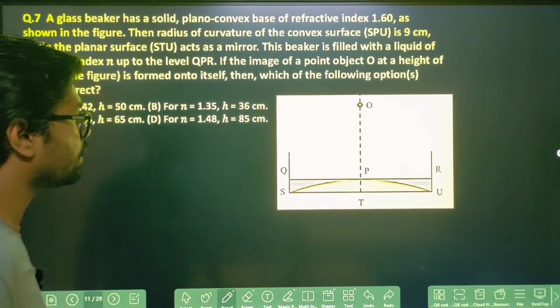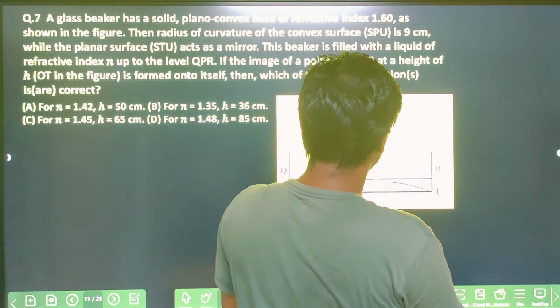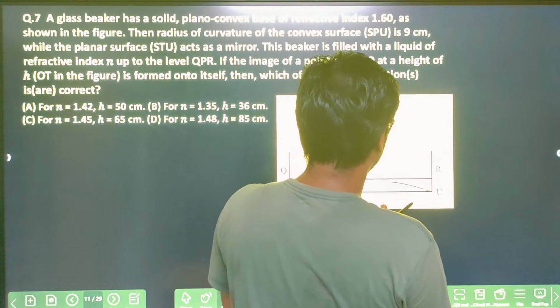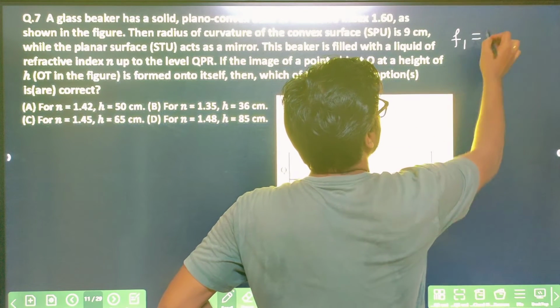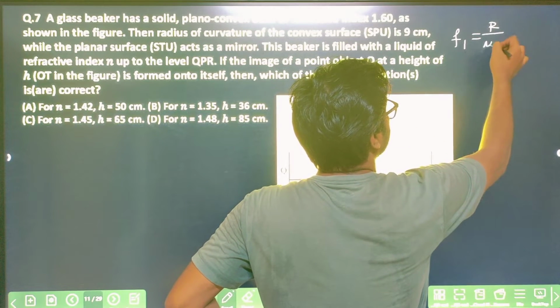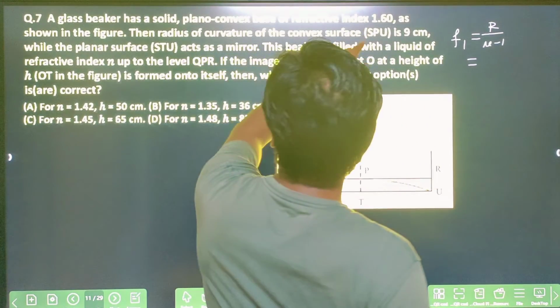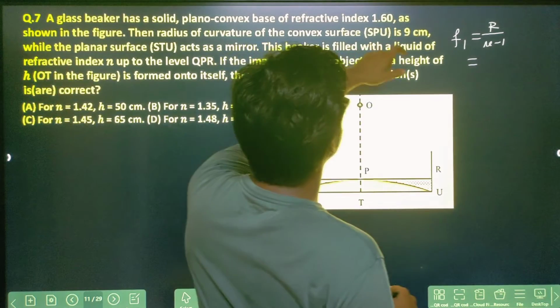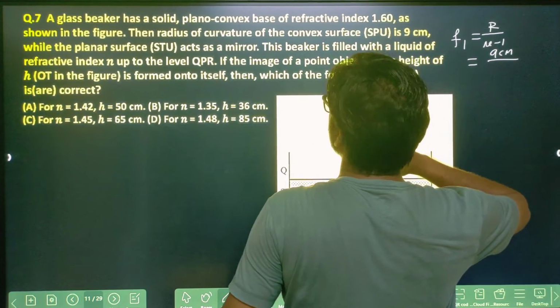Let's say, find out for plano-convex first. For plano-convex, F1 I am writing will be R divided by mu minus 1. R they have given here 9 centimeter, divided by mu minus 1.